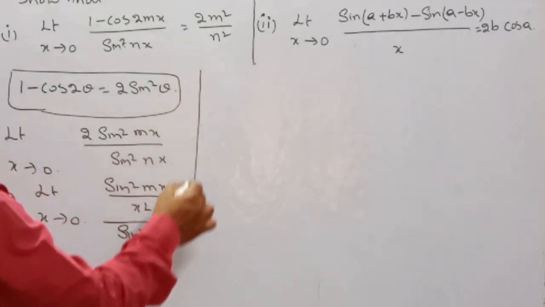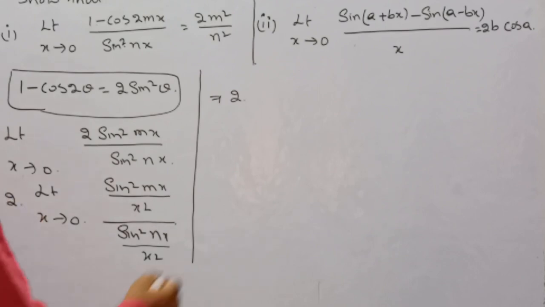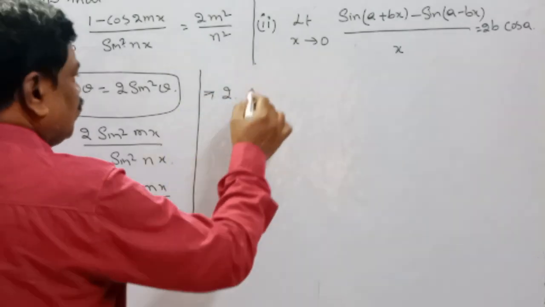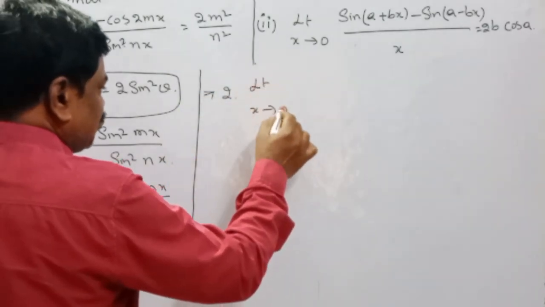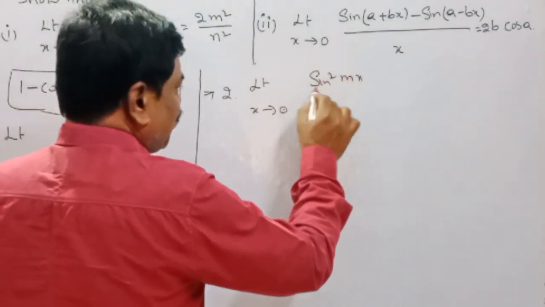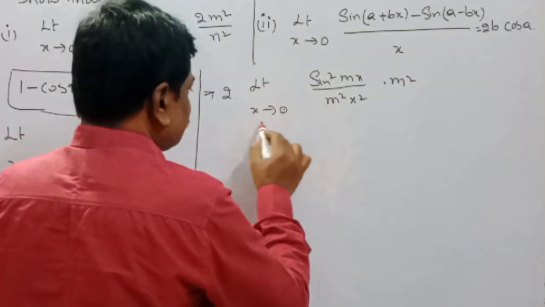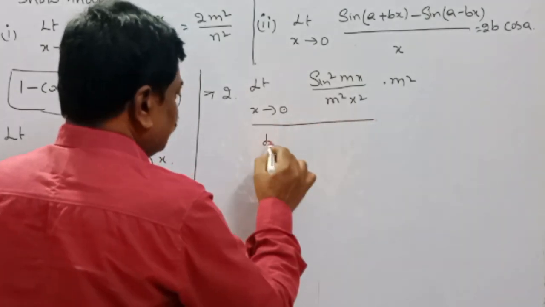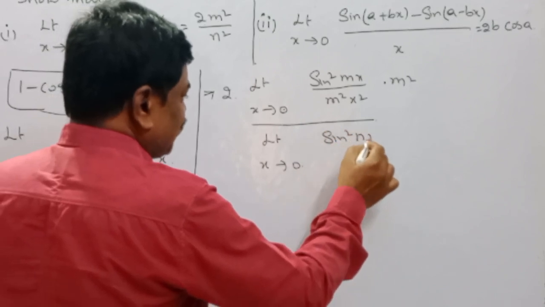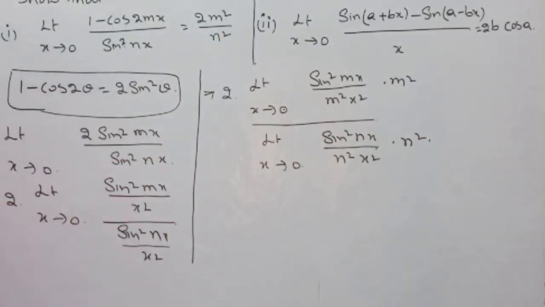So this can be written as 2 into limit x tends to 0 sin square mx by m square x square into m square by limit x tends to 0 sin square nx by n square x square into n square.